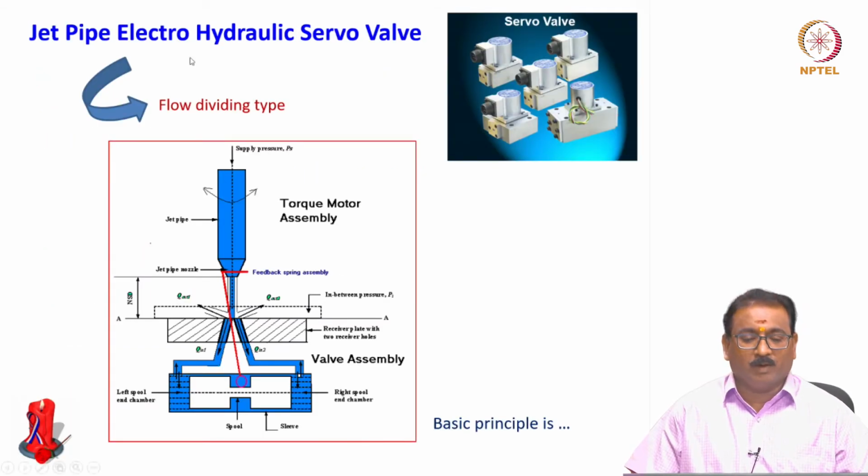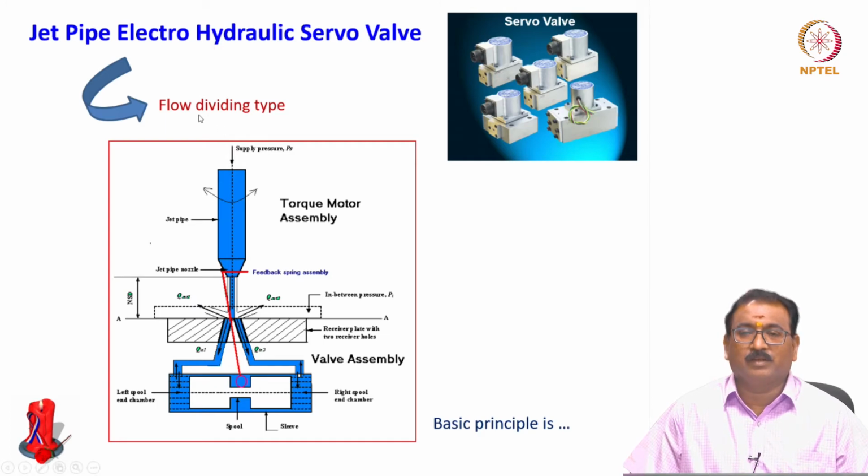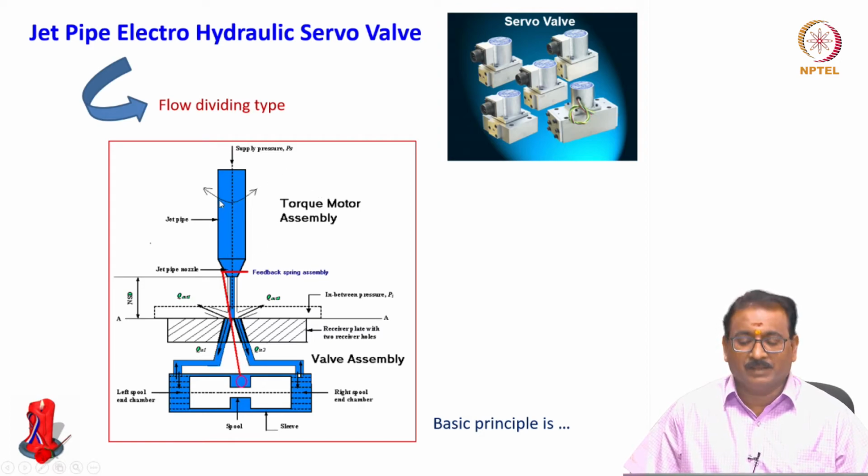Let us quickly move on to one valve, the jet pipe electrohydraulic servo valve, which works on the flow dividing type. It basically consists of the torque motor assembly, first stage, and second stage, which is the valve assembly. As we know already, this jet pipe carries the continuous fluid supply pressure, you will see PS, and it will expel from the nozzle.